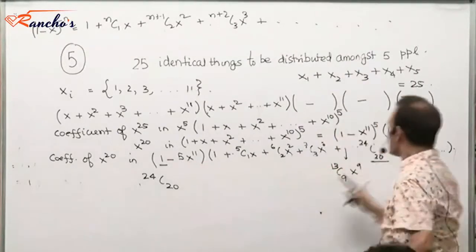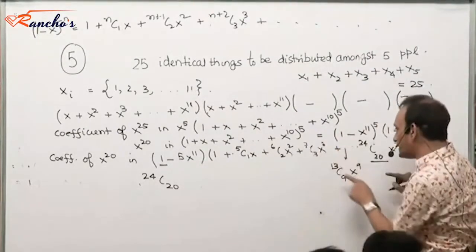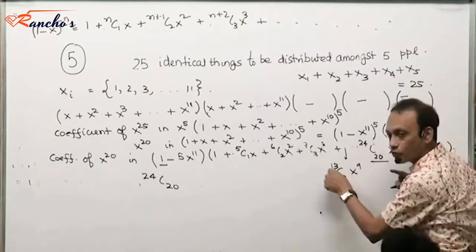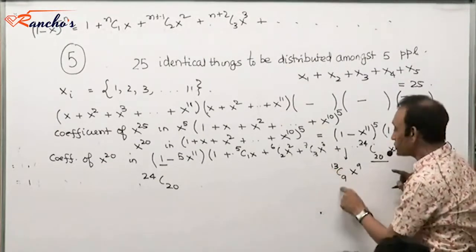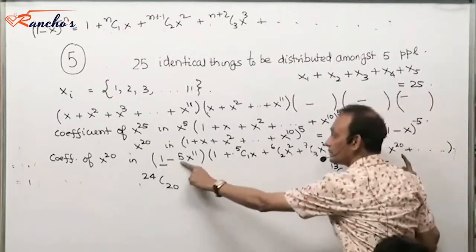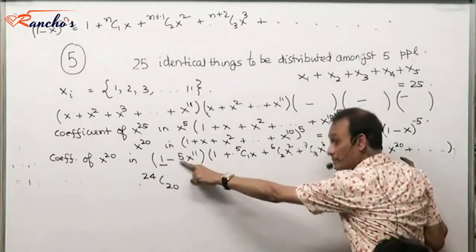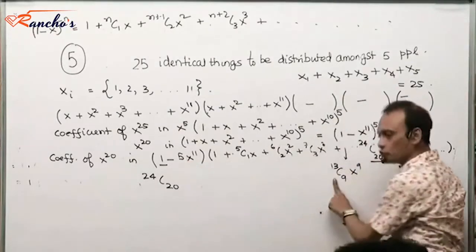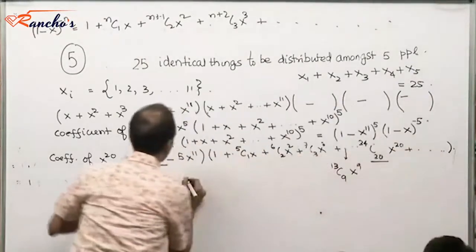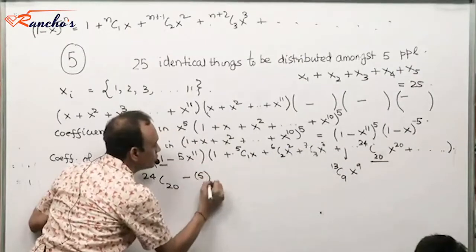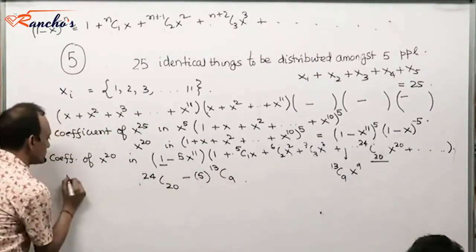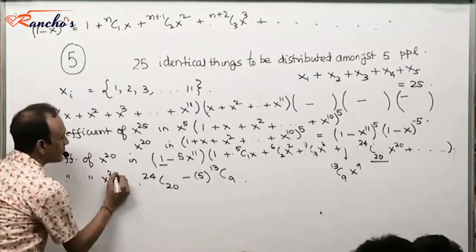See, in this, the x power 9 term would be 13C9. Do you realize that this is going together and this is 4 more than this, right? So 13C9 x power 9 when multiplied with this will give me x power 20. So the coefficient of x power 20 obtained from this would be minus 5 into 13C9. This will be the coefficient of x power 20 in this.